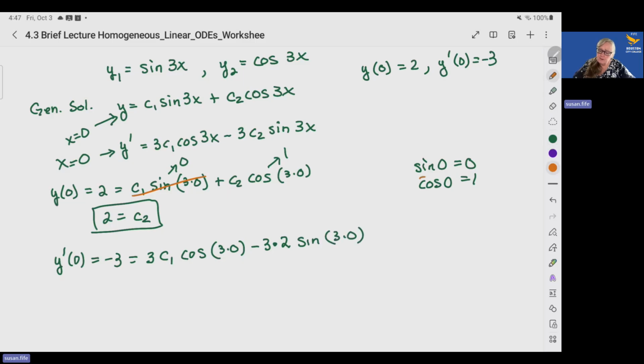But again, sine of 0 is 0, so this drops out. Cosine of 0 is 1, so this part right here is 1.